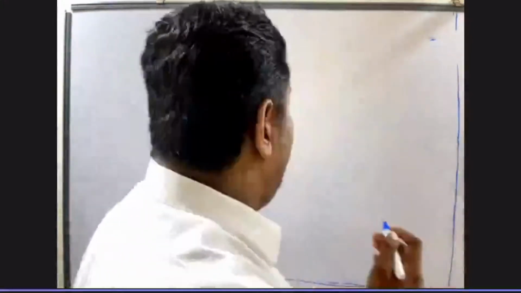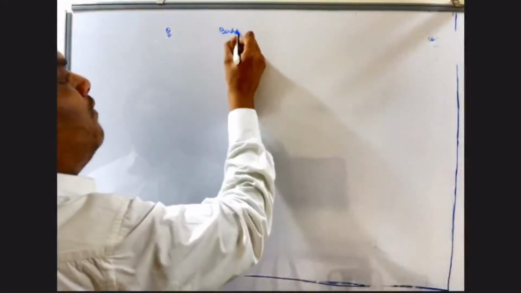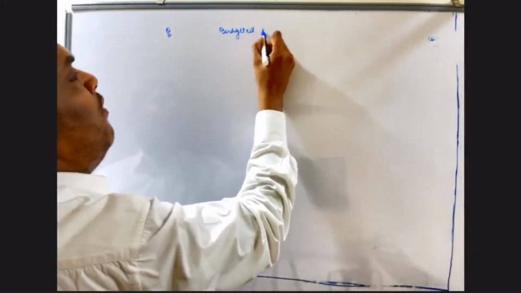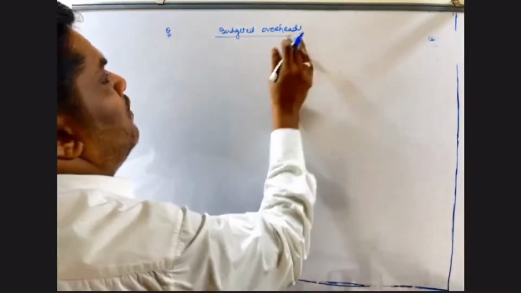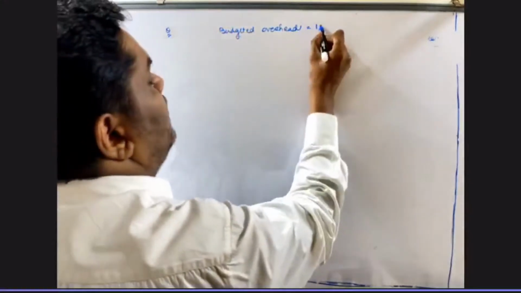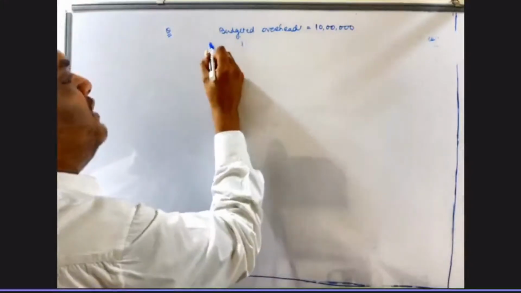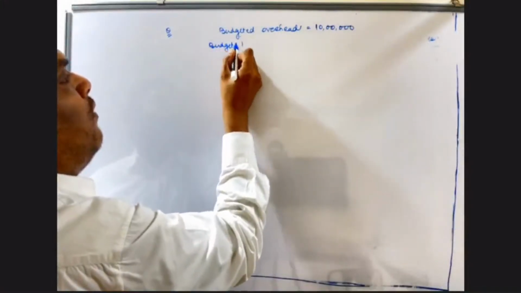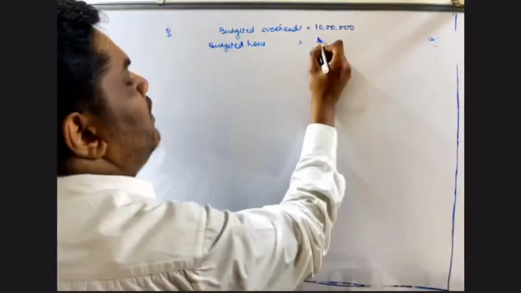I'm putting up a question in front of you wherein my budgeted overheads are 10 lakh. My budgeted hours are 4 lakh.